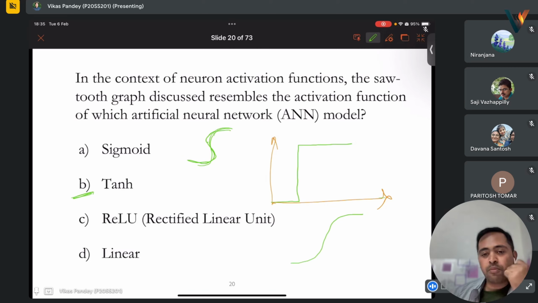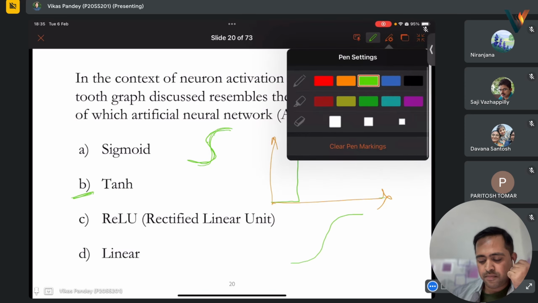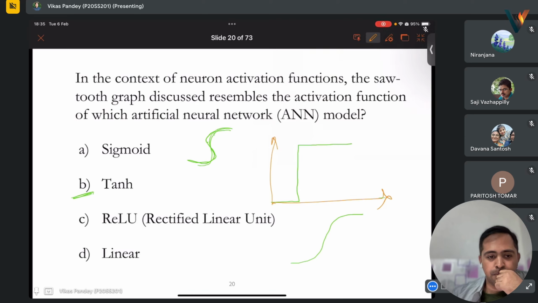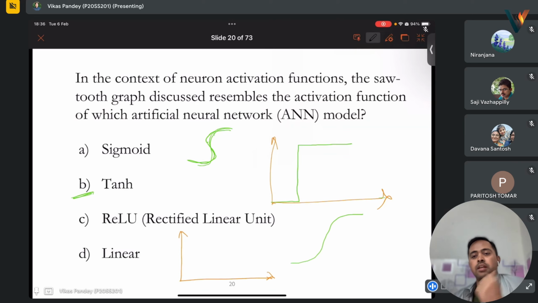And what about the rectified linear unit? Or linear? How will a linear curve look? A straight line with an offset from either the x or y axis. Yeah, something like that, right?